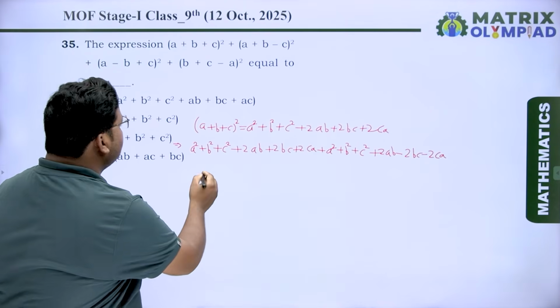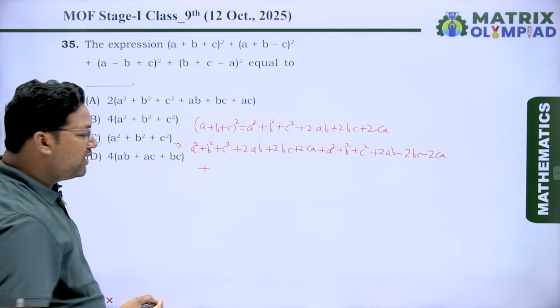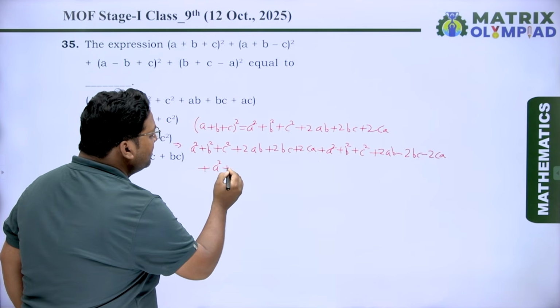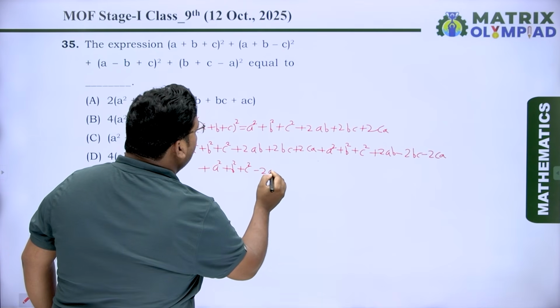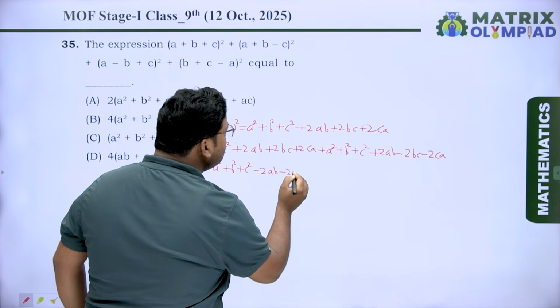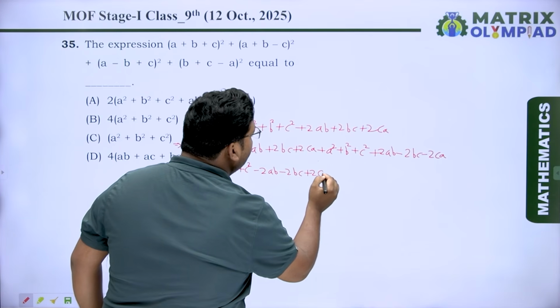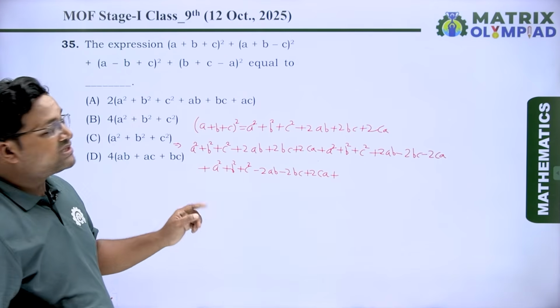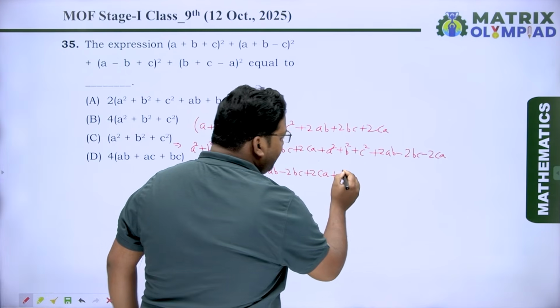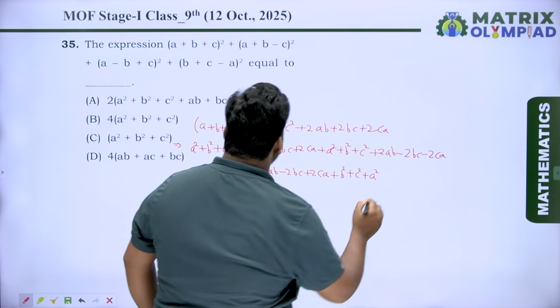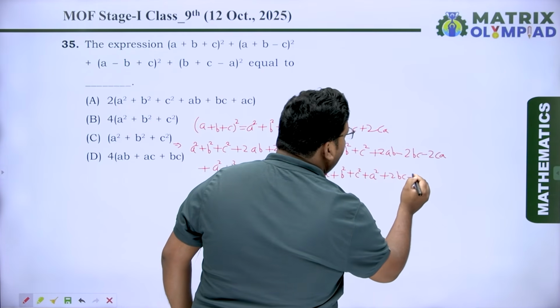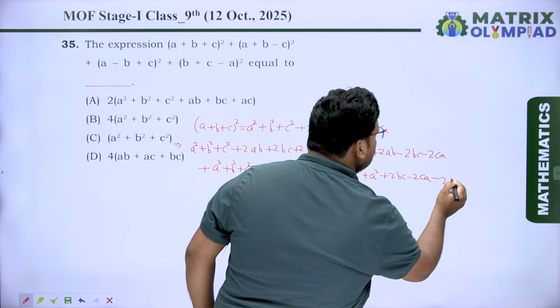Next term is (a − b + c) whole square, so it is a square plus b square plus c square minus 2ab minus 2bc plus 2ca. Next term is (b + c − a) whole square, so this is b square plus c square plus a square plus 2bc minus 2ca minus 2ab.